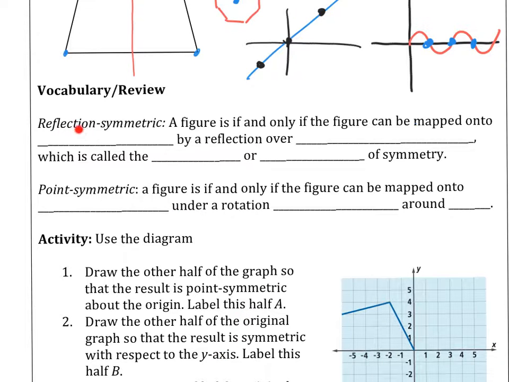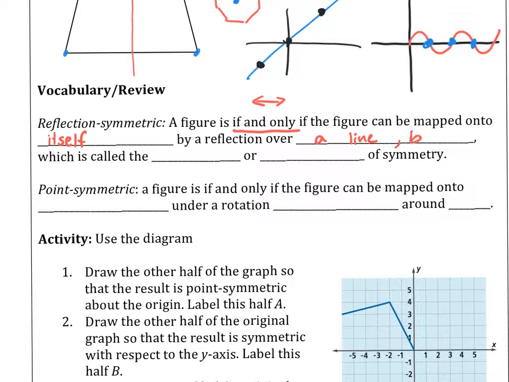The first thing we're going to talk about is what's called reflection-symmetric. Notice the adjective there. A figure is reflection-symmetric if and only if, anyone remember in geometry, if and only if? Yeah. That means it goes both directions. It's kind of like a definition. If the figure can be mapped onto itself by a reflection over a line.